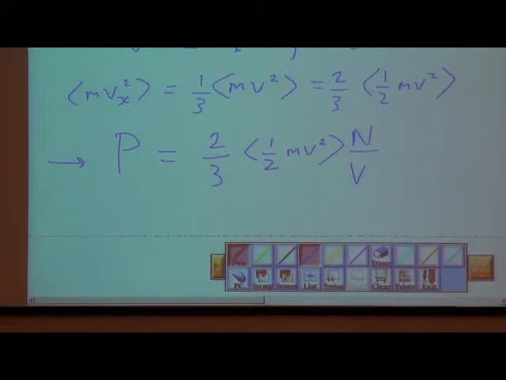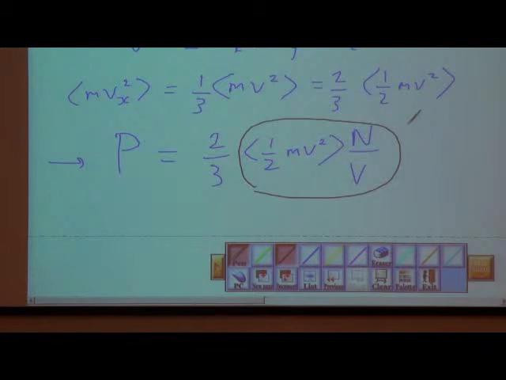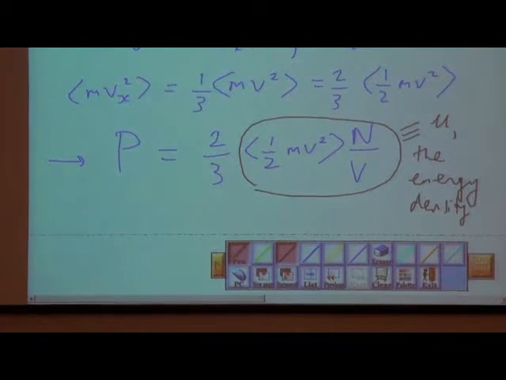And that allows me to identify another important quantity here. This thing I'll call U, the energy density. Why? Well, this is simple.